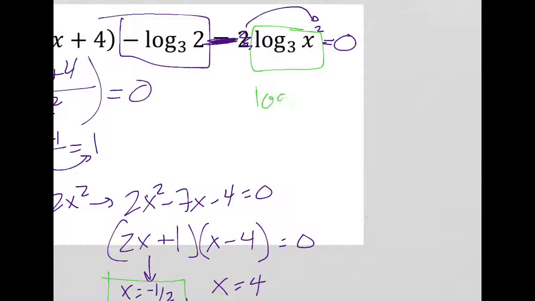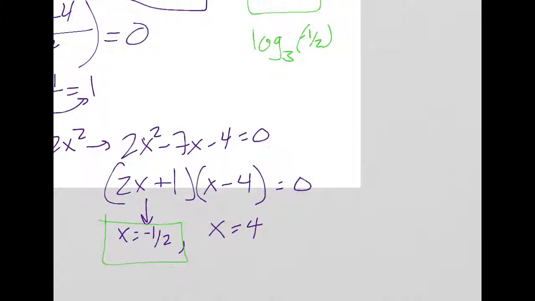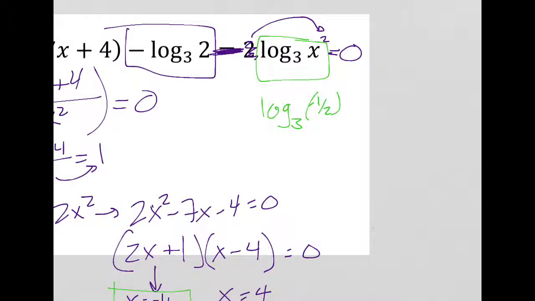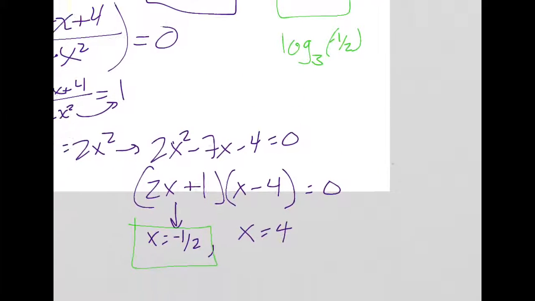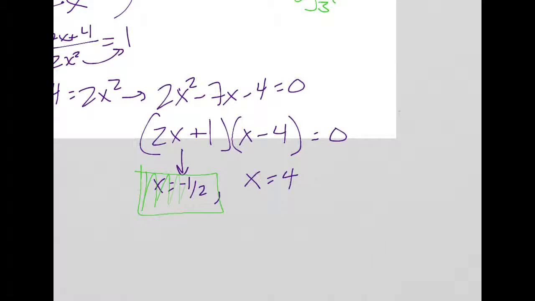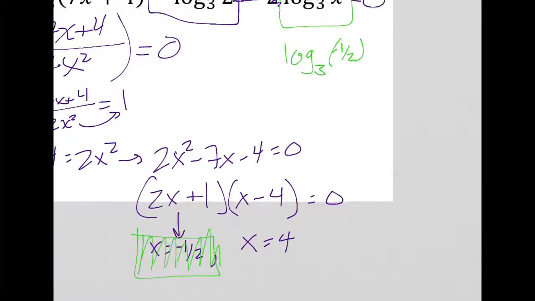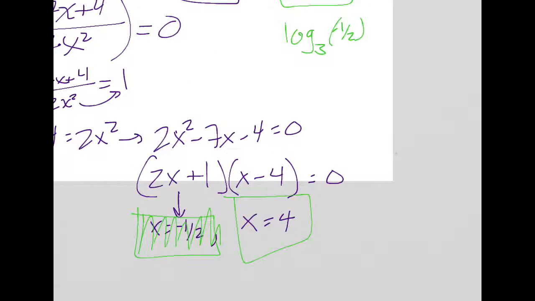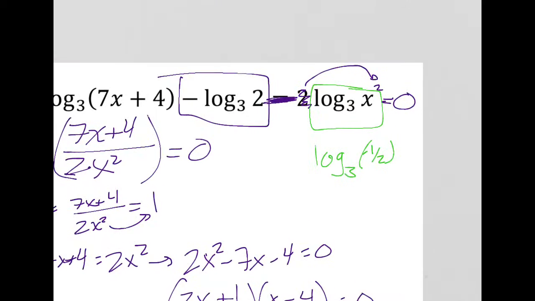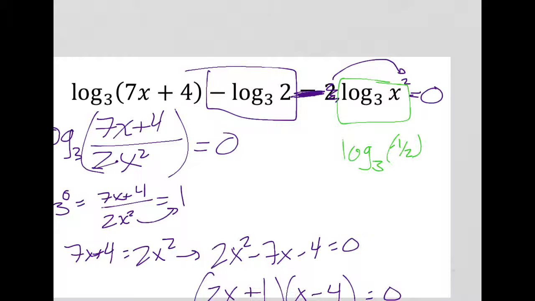We would get log base 3 of negative 1/2. And so then that would be undefined, and we would not be able to solve this. So this is actually not a solution. But 4 is, so that is our one and only solution for this crazy log thing.